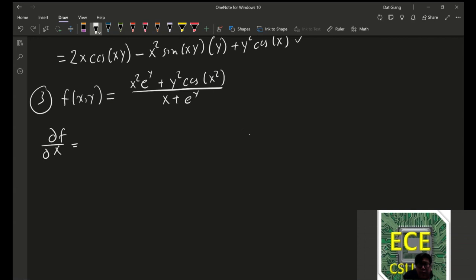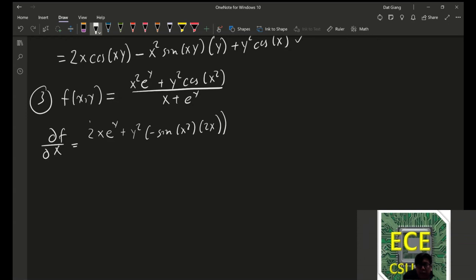So first, wherever there's x, we take the derivative of it. So 2x e to the y, and then y squared times negative sine of x squared. Then by the chain rule, 2x.